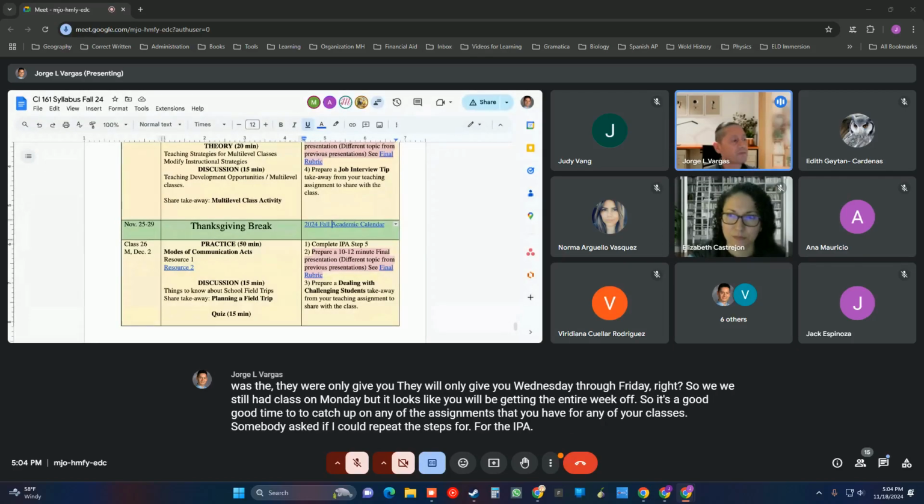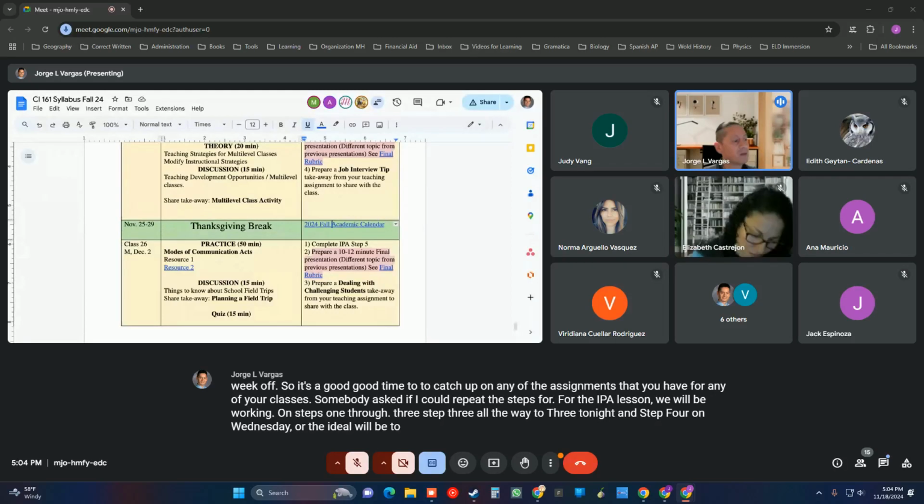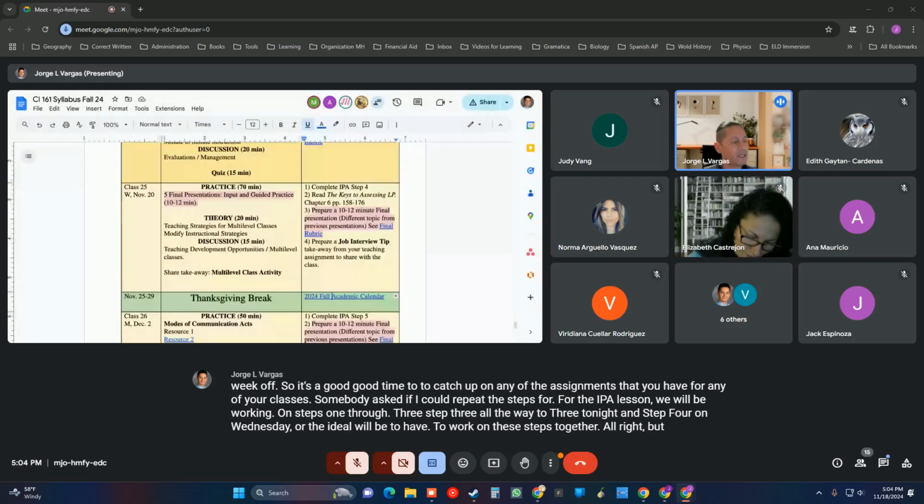We will be working on steps 1 through 3 tonight, and step 4 on Wednesday. The ideal will be to work on these steps together. All right, but we're going to have to play it by ear.